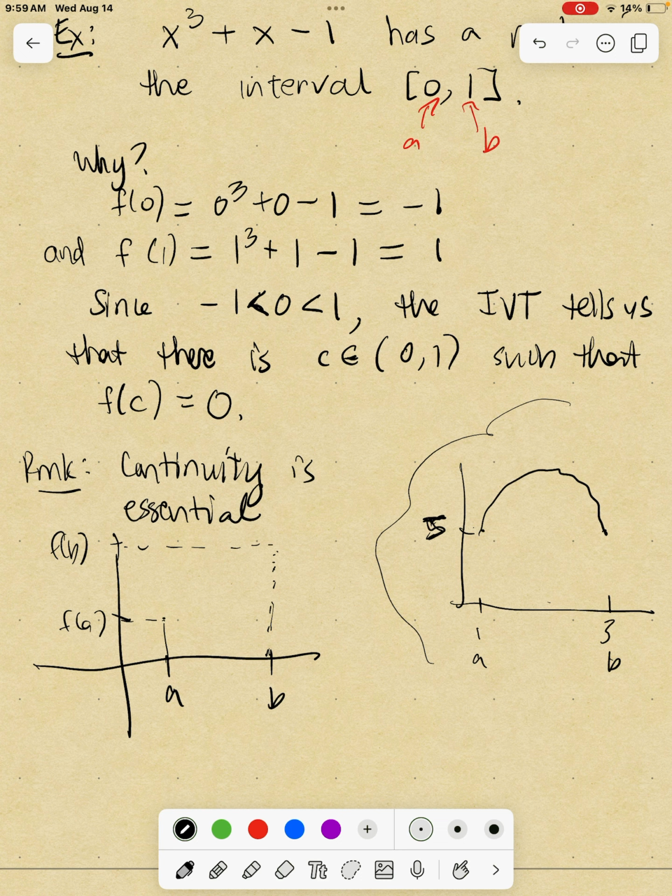But you could have a gamma that's here, and then your function doesn't necessarily have to intersect this line.